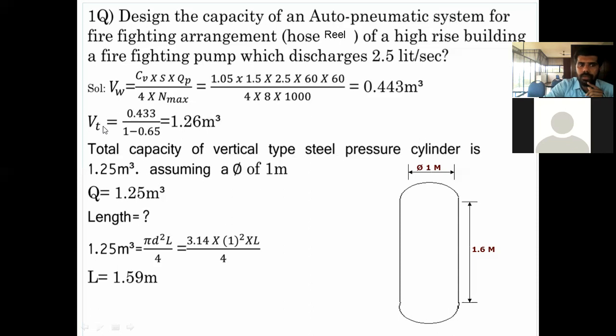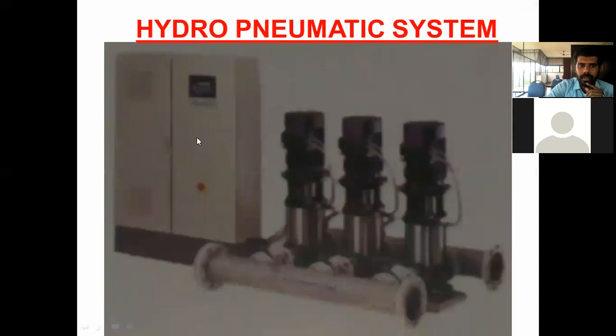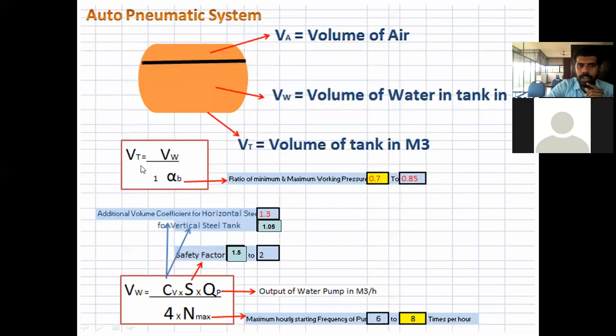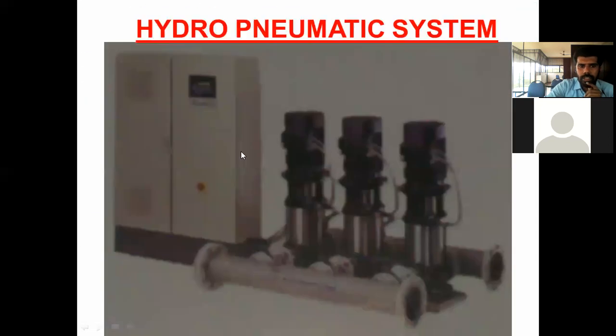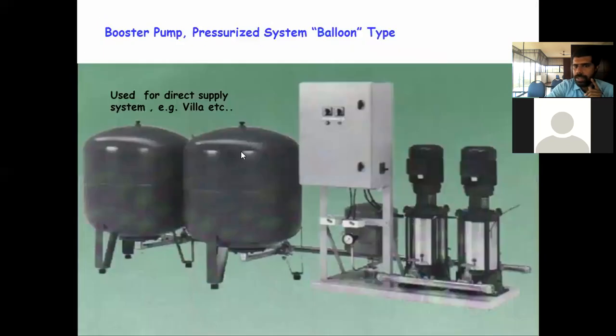So VT, the volume of the tank, you know the formula. VT is equal to VW divided by 1 minus sigma B. So 0.443 divided by 1 minus sigma B. Sigma B is a constant, right? It will be in the ratio of 0.65 to 0.85.